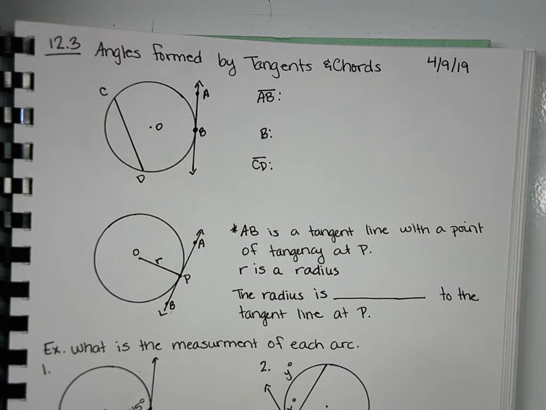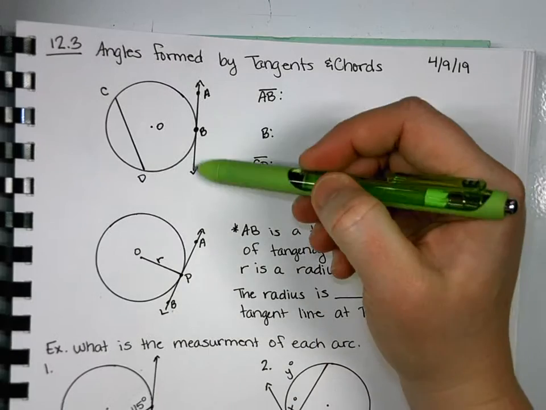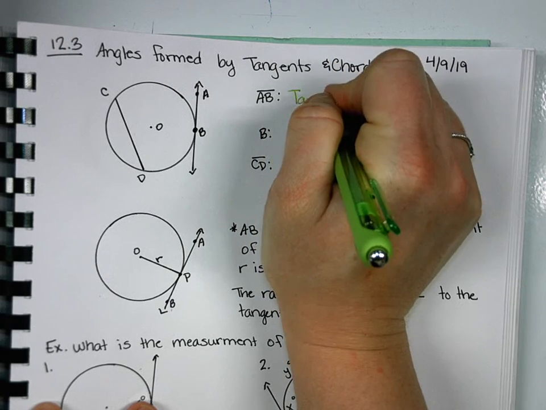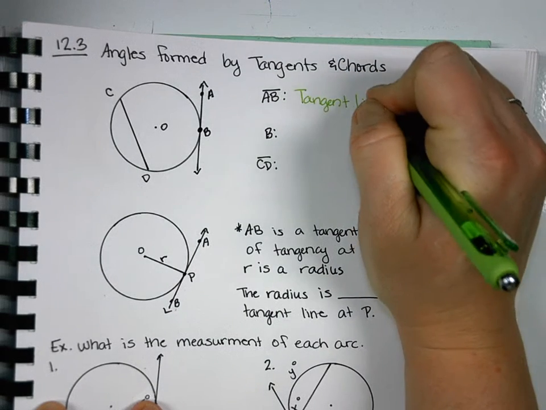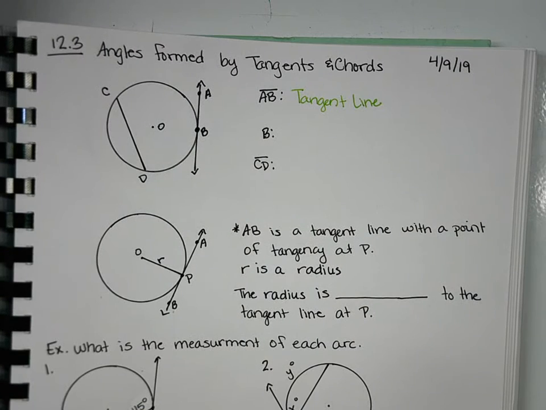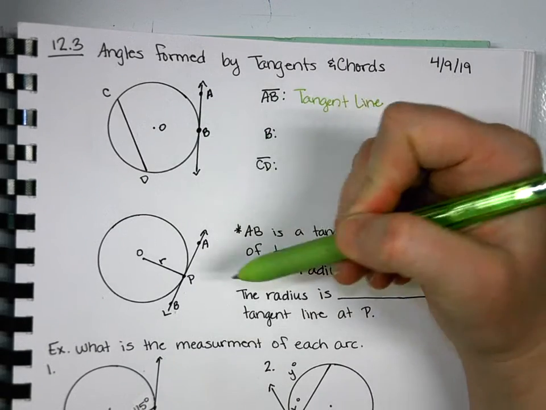So first off, in this first picture, AB, so this line here, is what we call a tangent line. To be a tangent line, it's a line that only touches the circle once. So if you look at this line, it touches it here, but nowhere else.